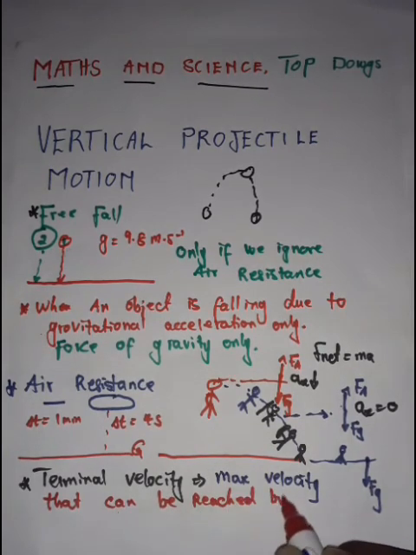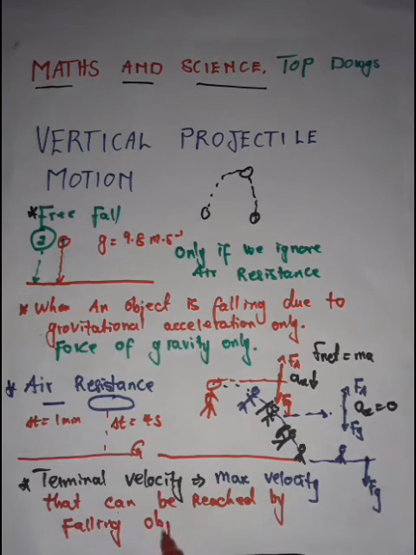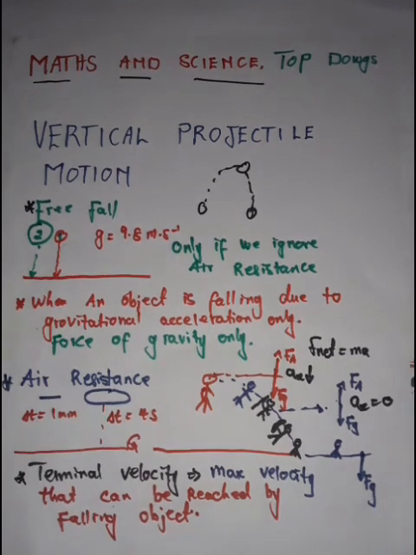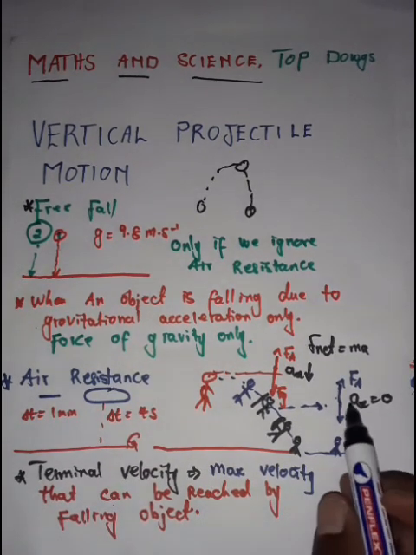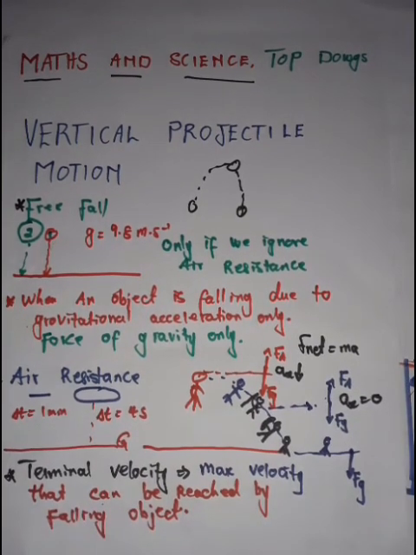So any object that's falling while experiencing air resistance can reach what we call terminal velocity. It's where the force of air resistance is equal to the force due to gravity.